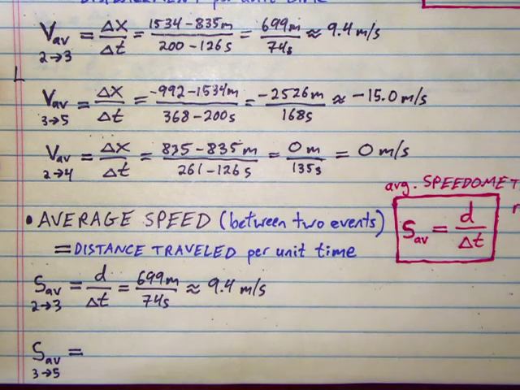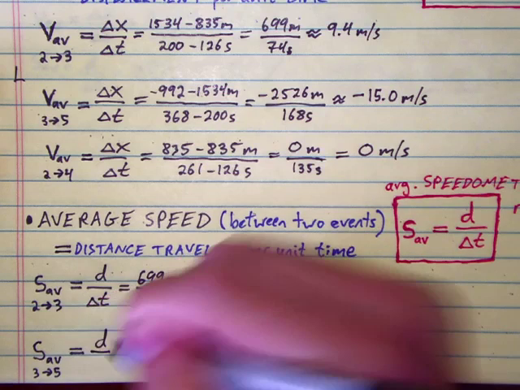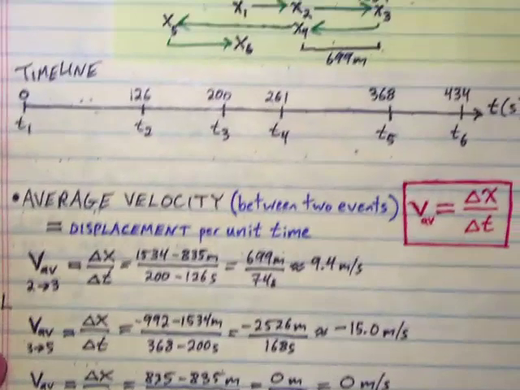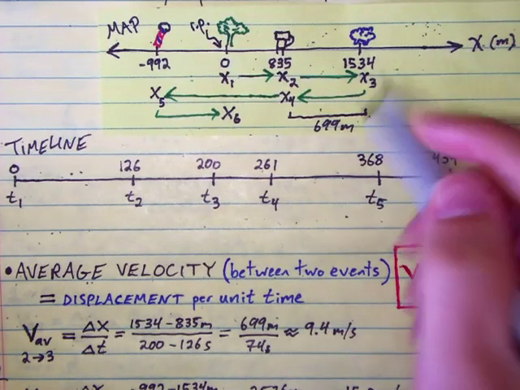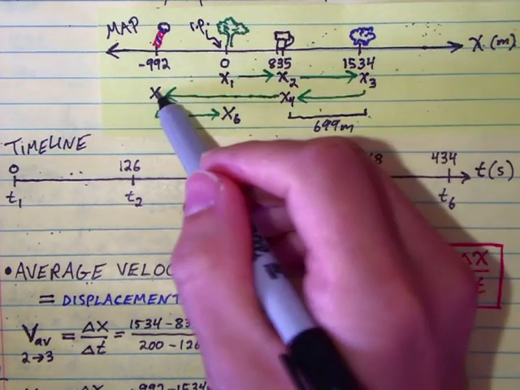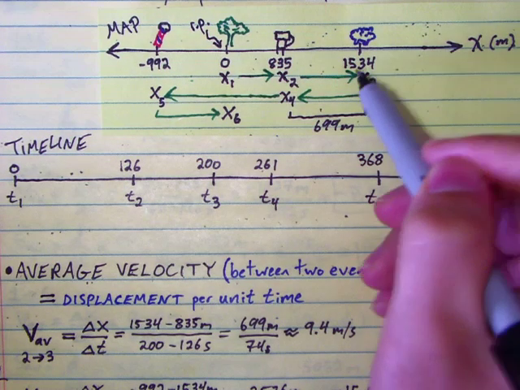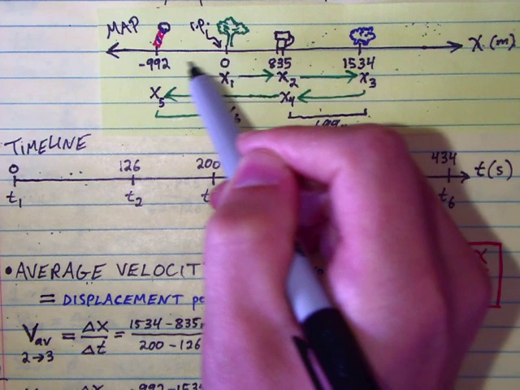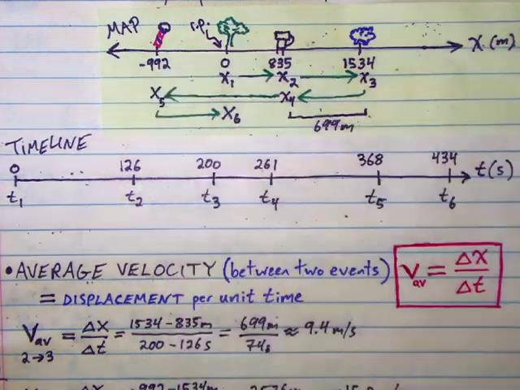Let's check out our average speed between events 3 and 5. So we need our total distance traveled divided by the time it took. Now here, between events 3 and 5, the distance traveled was this 1534 meters from here to here, and another 992 meters from here to here.